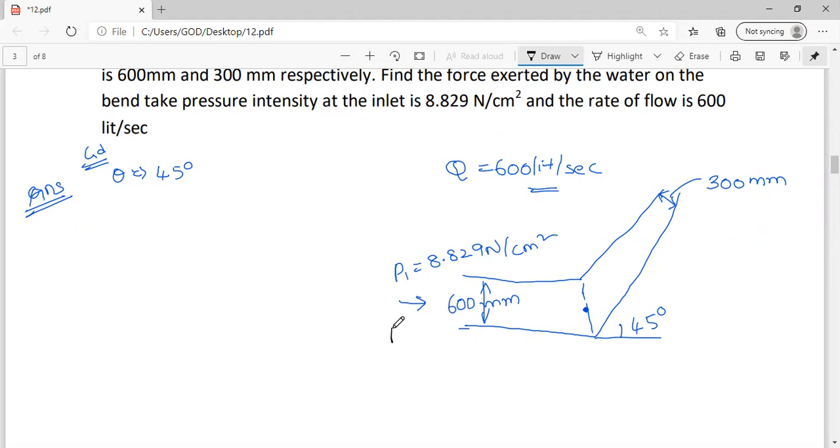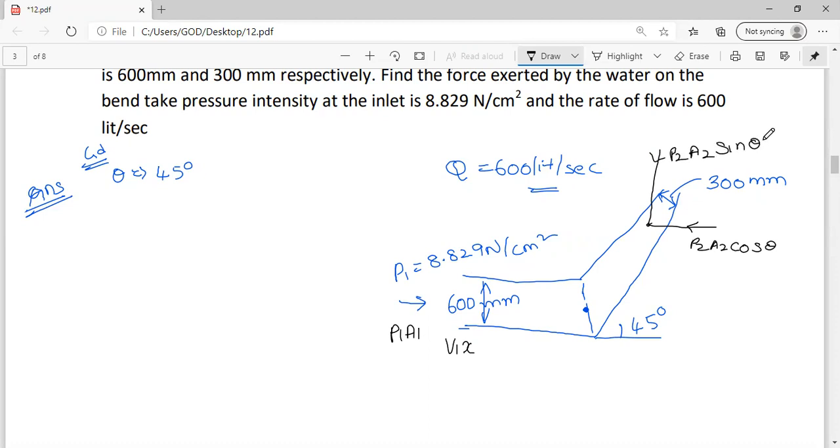If you resolve this, it comes out to be P1 A1, and at entrance you have a velocity of V1 in the x direction, and there is no velocity in the y direction. At this particular point, you have two forces, that is P2 A2 cos theta, and P2 A2 sin theta.